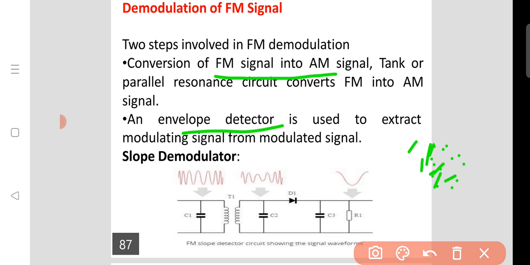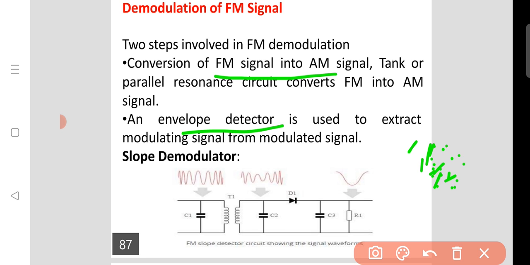There are different names, don't get confused. The single tuned discriminator is also called the simple slope detector. The staggered tuned discriminator is also called the balanced slope detector. In the next category, the phase discrimination method, there are two: the ratio detector and the Foster-Seeley discriminator. So there are four types of FM frequency discriminator circuits for better receiving of the modulating signal.